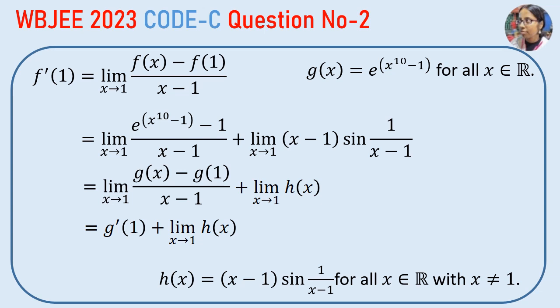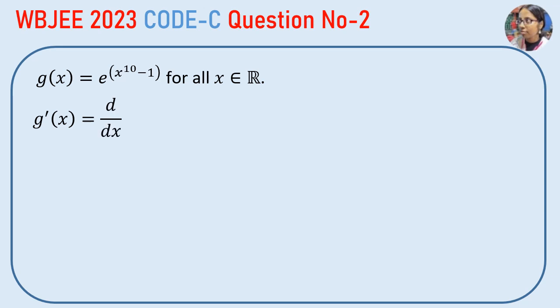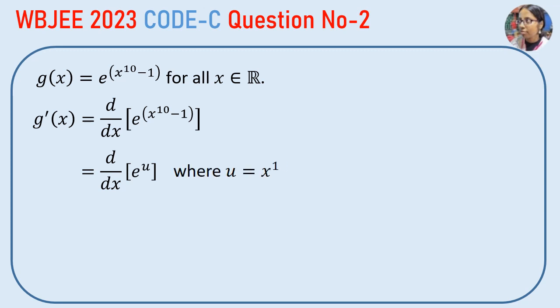Now we have to calculate g dash 1. g dash is equal to d dx of g(x), which is equal to d dx of e to the power x to the power 10 minus 1, where we let u equal to x to the power 10 minus 1.